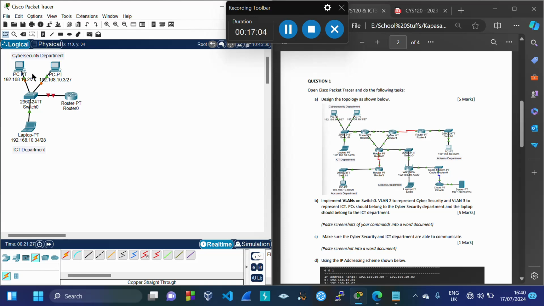In this situation, these devices which belong to the same subnet, because they have the same slash or CIDR, which is /27, they have the same subnet mask. It means they belong to the same subnet or same department, as we are seeing for cybersecurity. They must be able to communicate with each other.